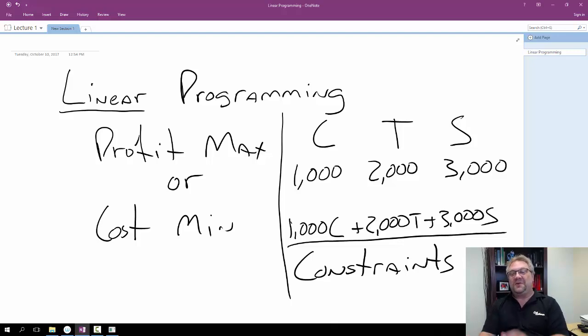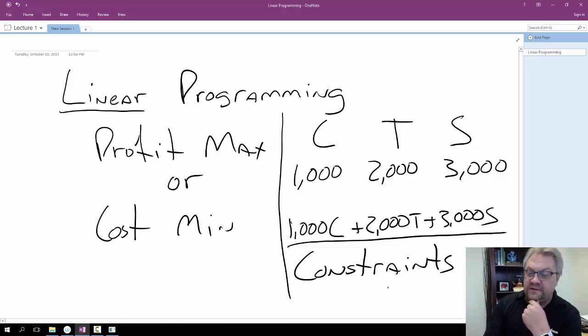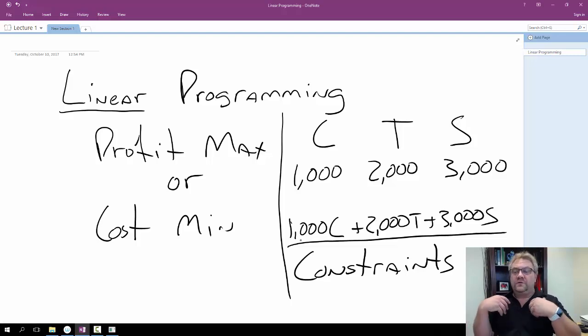I could go on and on. So many stereos, so many speakers, so on and so forth. So many engines, blah, blah, blah. Well, it's these constraints that are going to limit our maximum profit, because we can only produce so many cars, trucks, and SUVs, given how many parts and things like that we have on hand. So those are going to be our constraints.